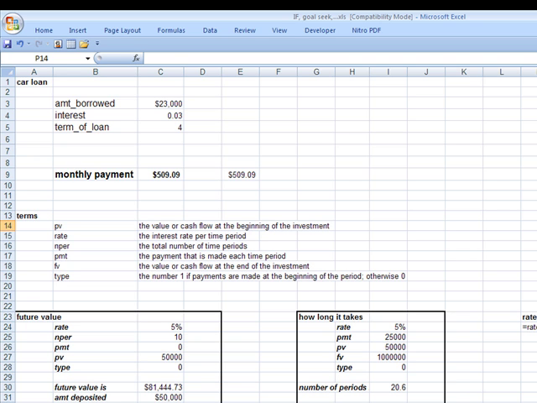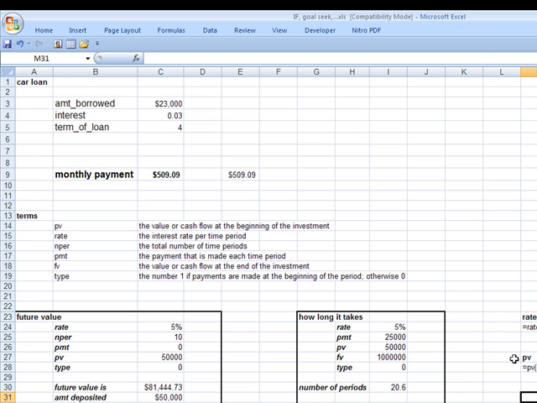Assuming you have a certain amount of money to invest and you'd like it to grow into an obviously larger amount in a certain amount of time, the question is, what interest rate would we need to receive in order to accomplish that? So we have the similar items that we've used in the past, NPER, PMT, PV, FV, and type, which will give us a value in percent how much the rate needs to be.